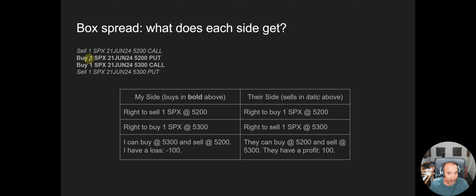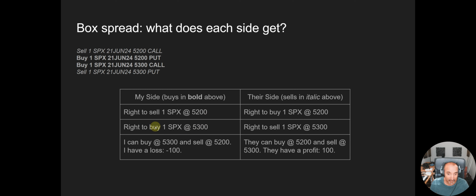Since I'm buying a put, what that gives me is a right to sell. So in this put, it's basically saying I have the right to sell one SPX at 5,200. Hopefully that is understandable. The next line is giving me a right to buy.